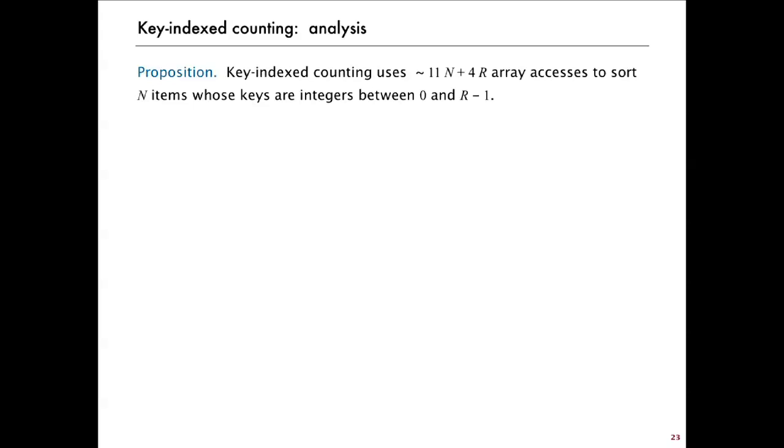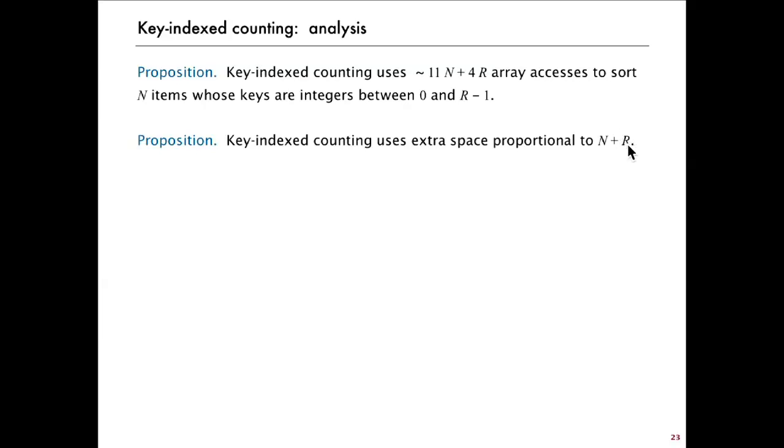What's the running time of this algorithm? Well, the analysis is actually quite simple because it's just a couple of loops through the array to be sorted and through the count array. And the key fact to note is that it takes time proportional to n plus r and space proportional to n plus r.